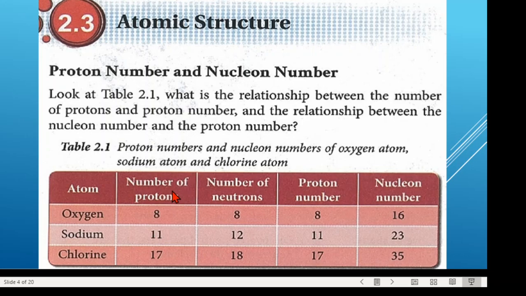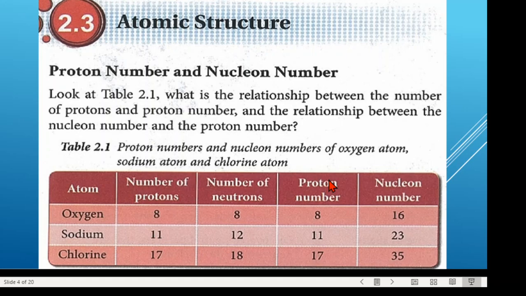So here, oxygen number of protons 8, same as the proton number 8. Meaning the number of protons is the number of protons inside the nucleus of atom oxygen. So the proton number is 8.